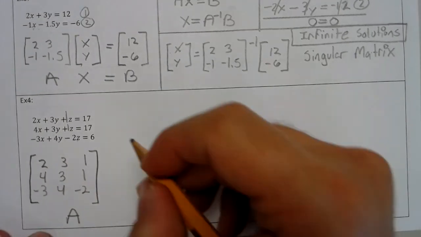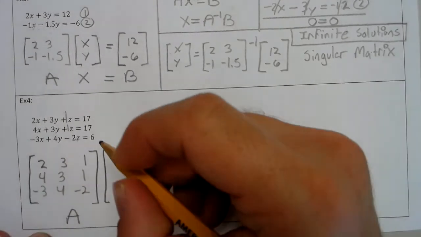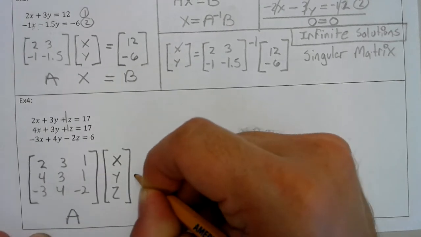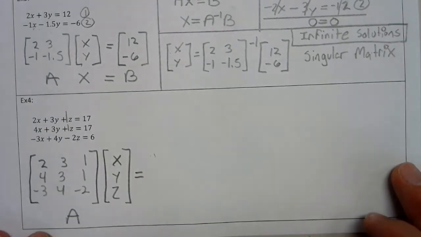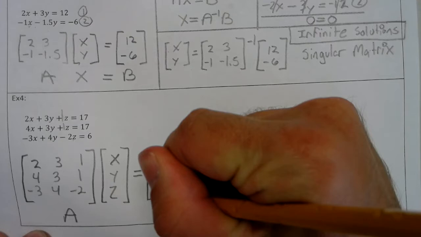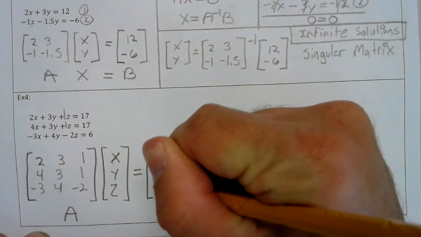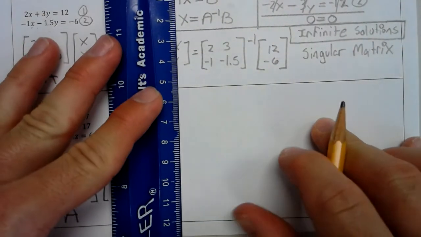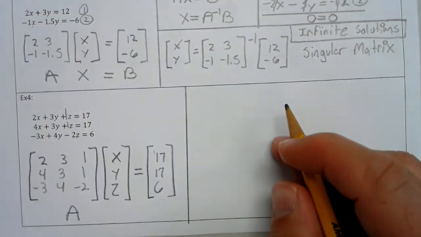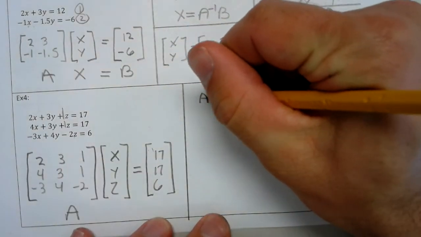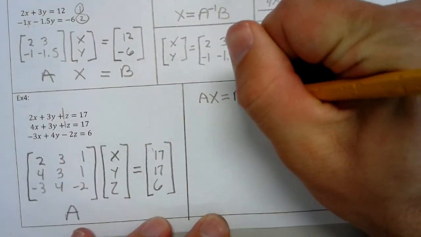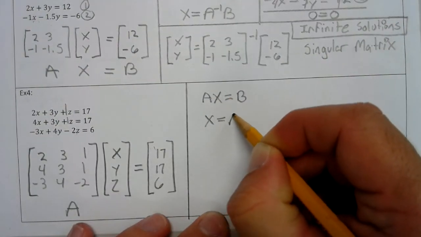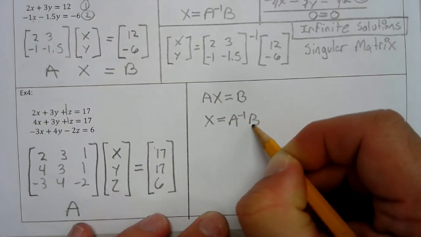That's your A matrix times x, y, z equals 17, 17, 6. So it still works the same way. AX equals B. Multiply both sides by A inverse. So X equals A inverse B.